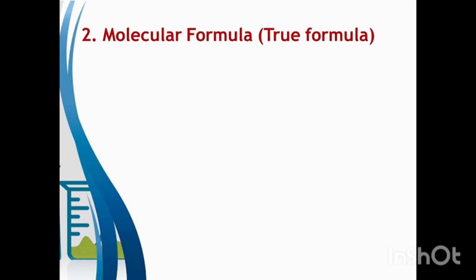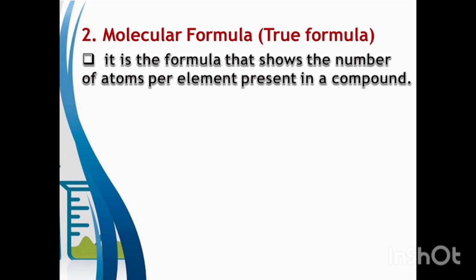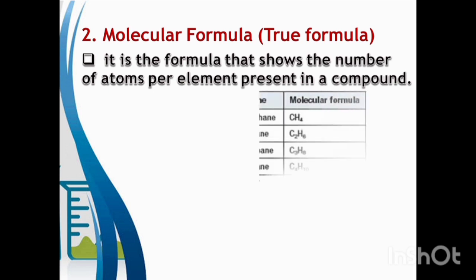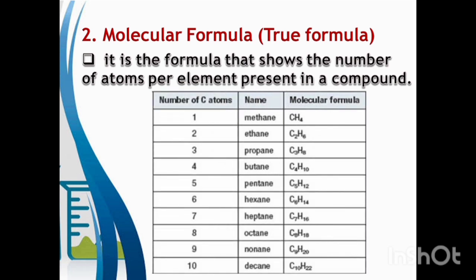Next, we have the molecular formula. The molecular formula is also known as the true formula. It is the formula that shows the number of atoms per element present in a compound. For example, we have the number of carbons in the compound and the name with its molecular formula.